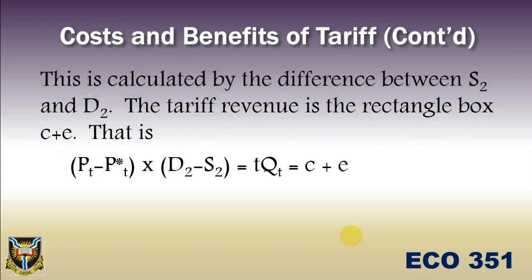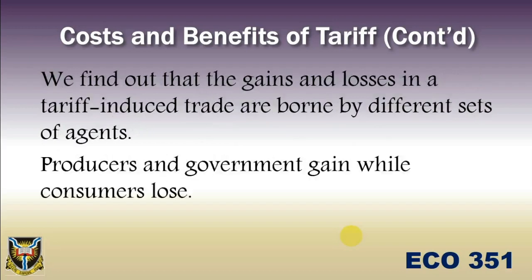The tariff revenue is a rectangle, C plus E, that is PT minus P star T multiplied by D2 minus S2. We find out that the gains and losses in tariff-induced trade are borne by different sets of agents.